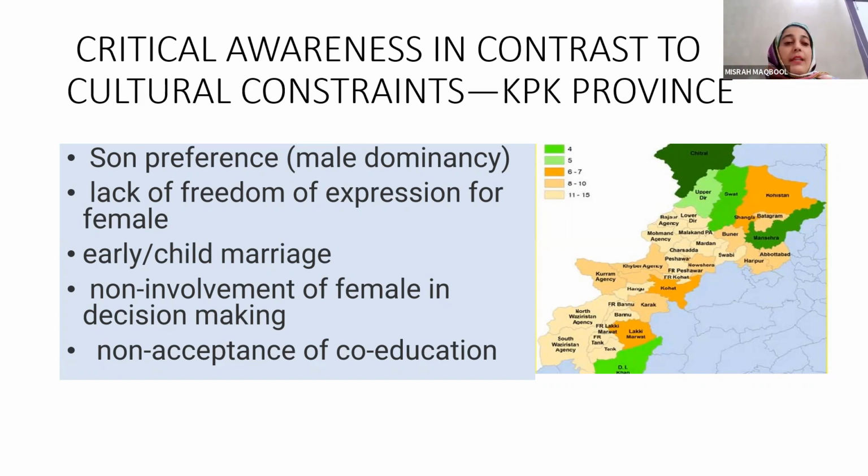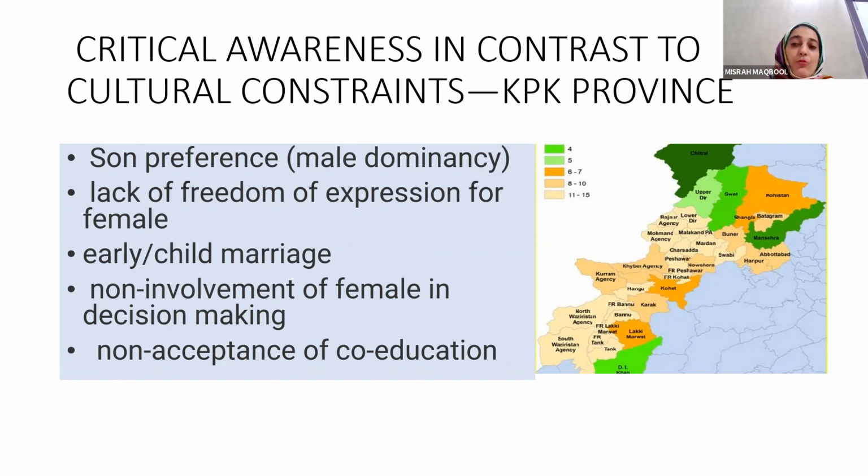There is lack of freedom of expression, as females have no right to express their opinions and ideas, and ultimately early child marriage and non-involvement of females in decision making. Females are told that their job is to stay at home and do home tasks rather than participating in outside jobs or working together with males. So this is the mindset of that region.